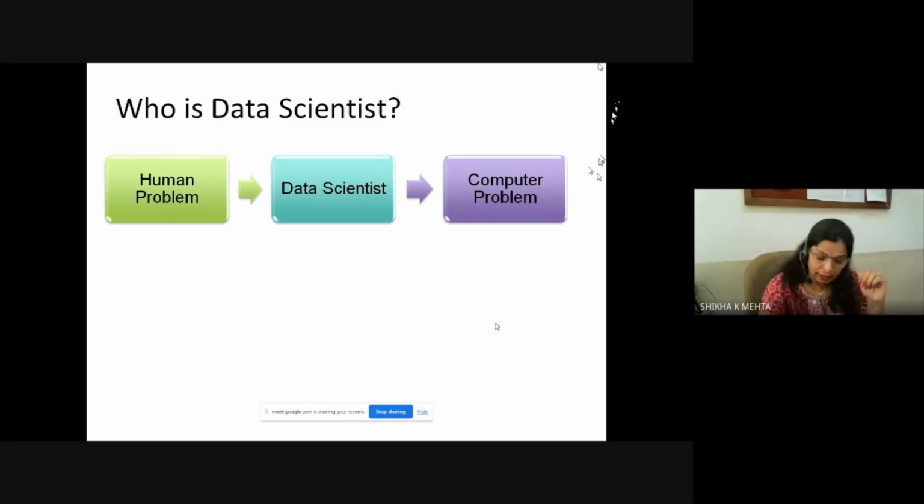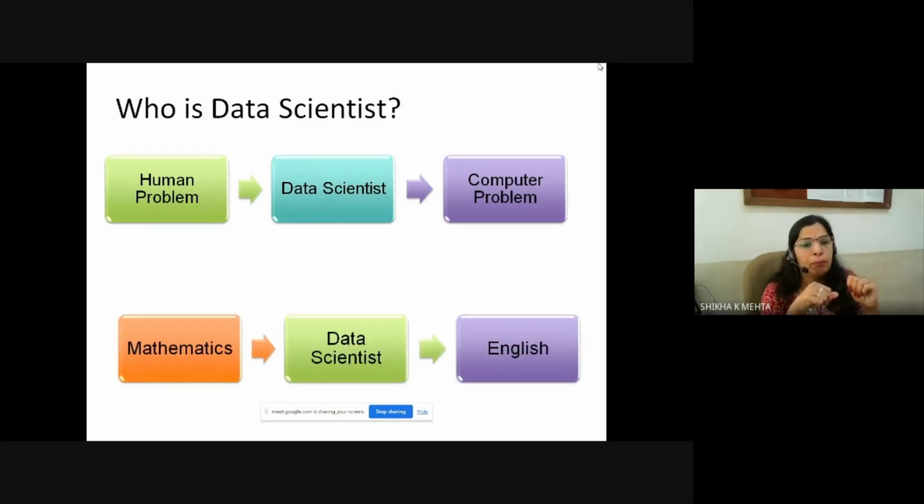Or we can say that a data scientist is a person who understands the principles of multiple domains and is able to apply the principles of one domain to another domain.